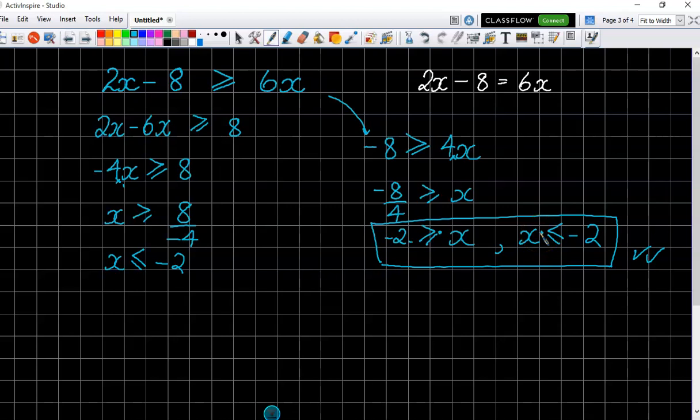Here, I have switched the sign. Big point, little point. That's it. Everything else, same solving, same switching sides, but if you times or divide by a negative number, change the direction of the inequality. So I know that this is correct now.